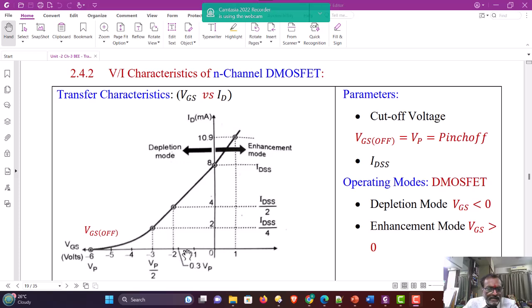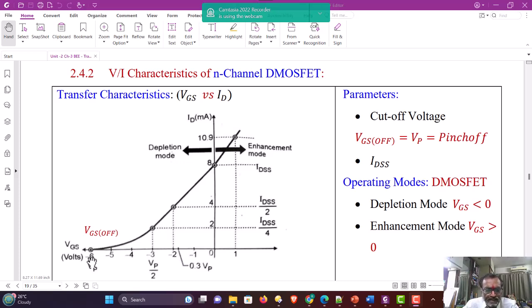When we go on increasing the negative magnitude of VGS, as we have seen, the channel is getting restricted and obviously therefore the current is decreasing. At a particular voltage, say pinch off voltage Vp, the gate to source voltage strength is such that the total channel is now occupied and depleted of charge carriers.